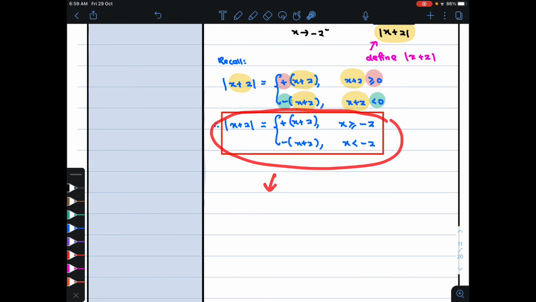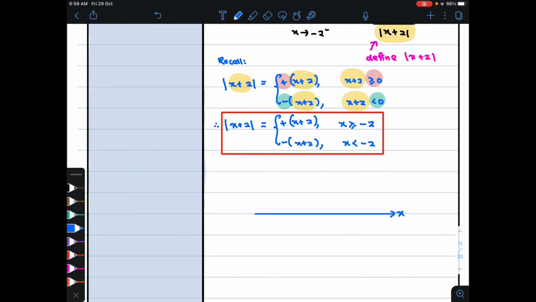So you're going to draw the number line to be used as a guidance. Imagine that you have the x-axis. Look at the values of x that we have. We only have the value of -2, so I'm going to put -2 in the middle. For the first row, when x is more than or equal to -2, the function is x plus 2.